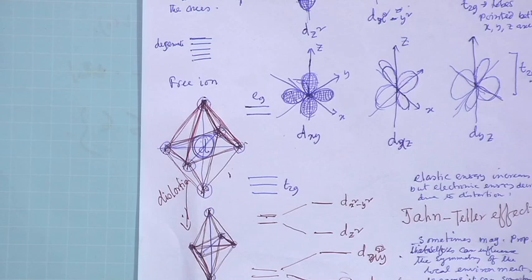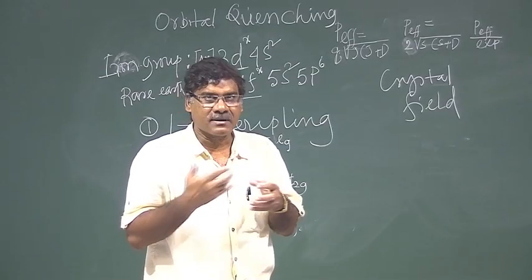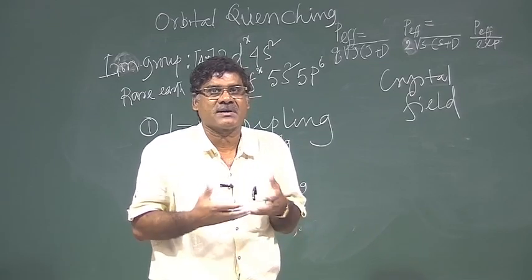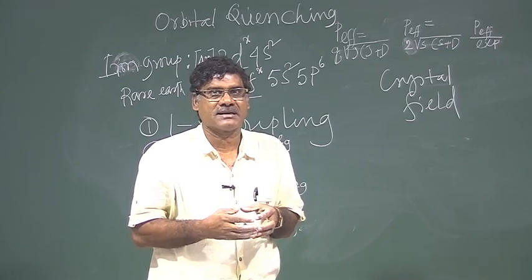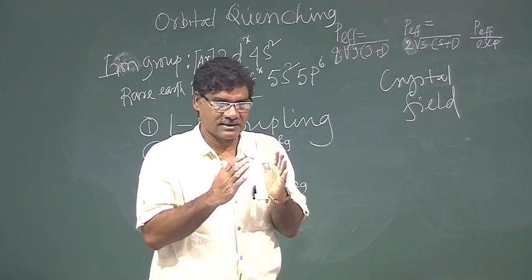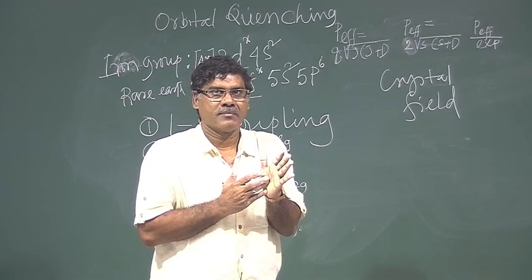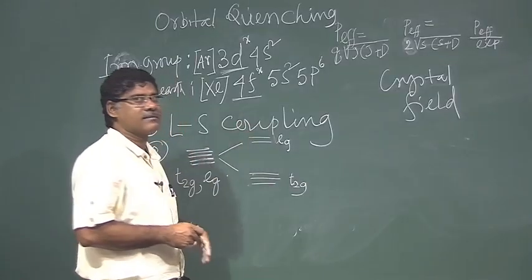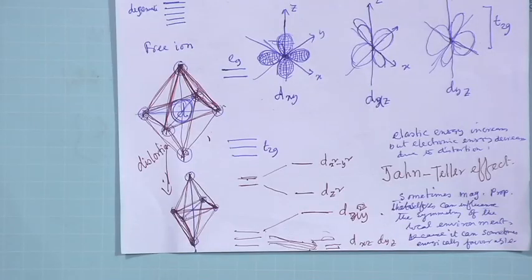right, sometimes this tetrahedral is distorted, automatically distorted. When it is distorted, its elastic energy increases, but its electronic energy decreases, so that the total energy of the system will be lower. So, to minimize the energy of the system, sometimes the system distorts itself, and because of this distortion, the degeneracy may be removed further.